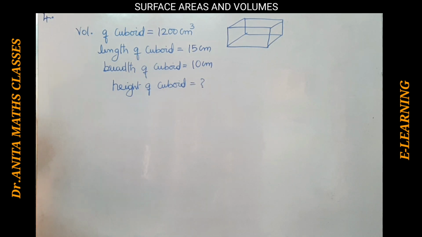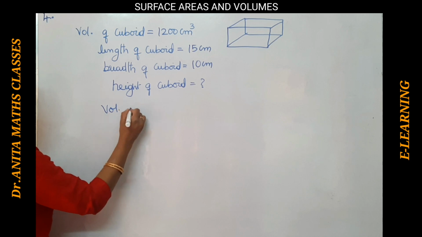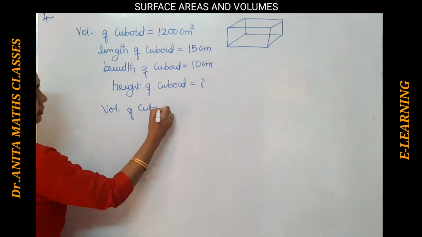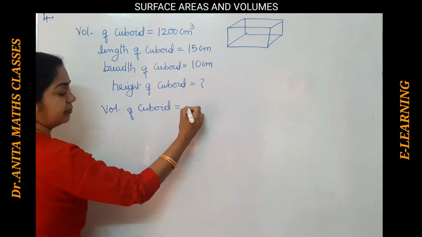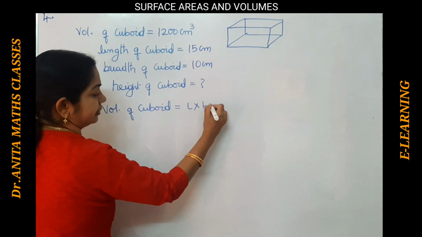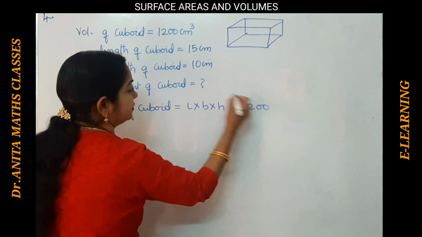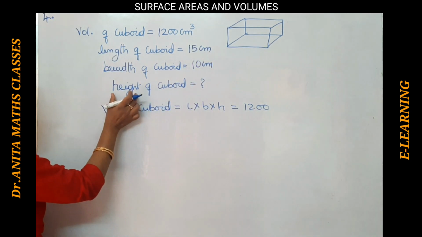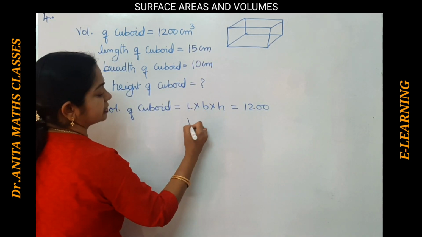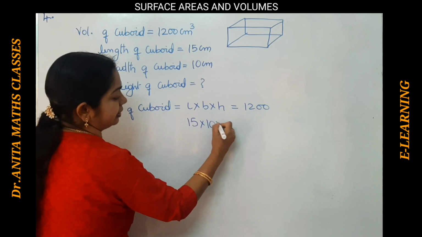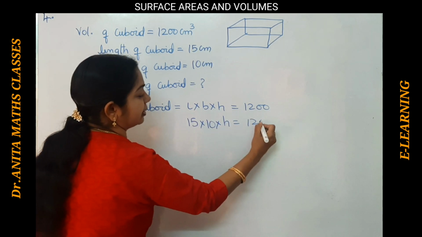Okay, so the volume of cuboid, the formula is length into breadth into height, which is equal to 1200. So we will substitute L and B and find out H. So L is 15 into 10 into H is equal to 1200.